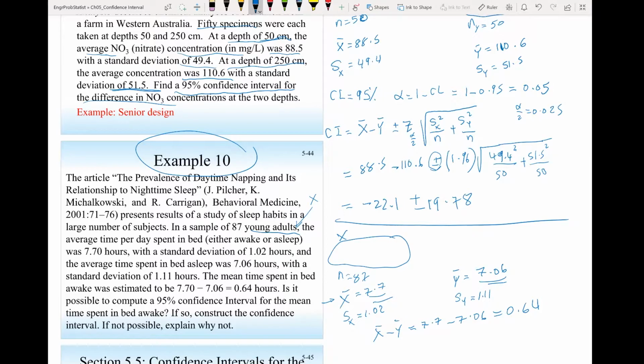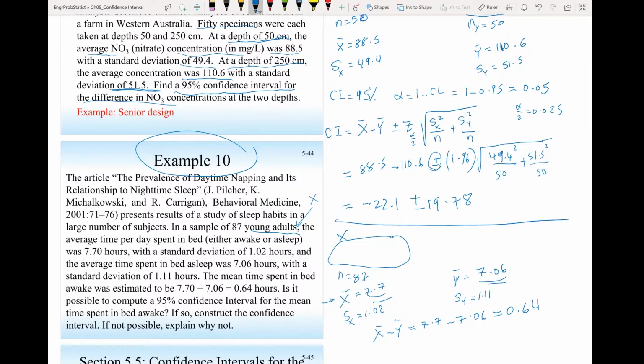If not possible, explain why not. Well, here we cannot say the actual sleeping time 7.06 is independent from the actual time 7.7 lying in bed and flipping around until they fall asleep.